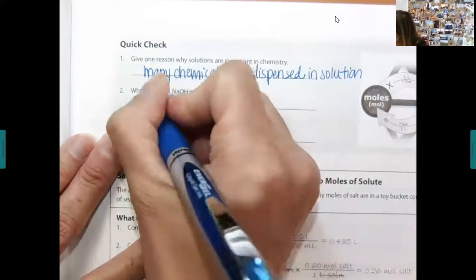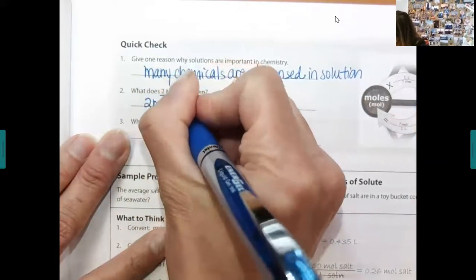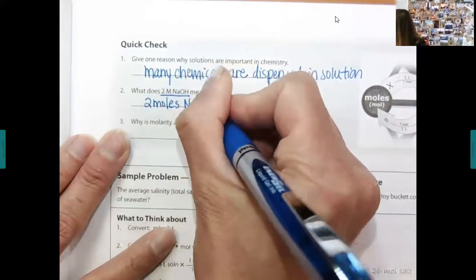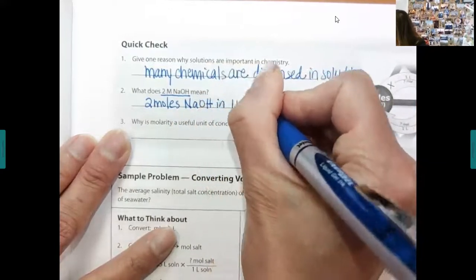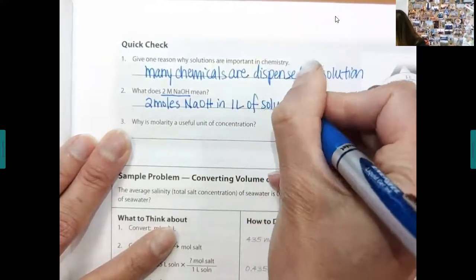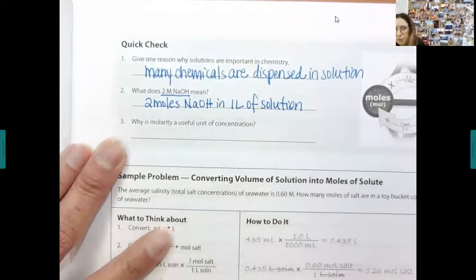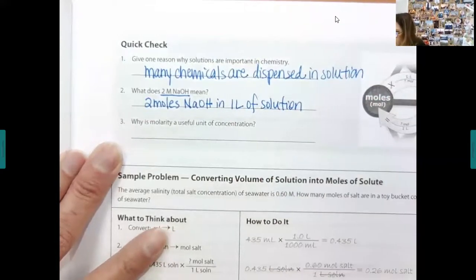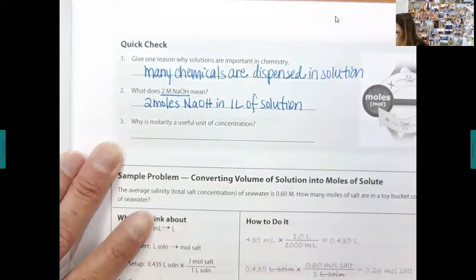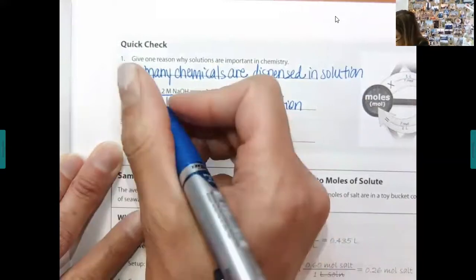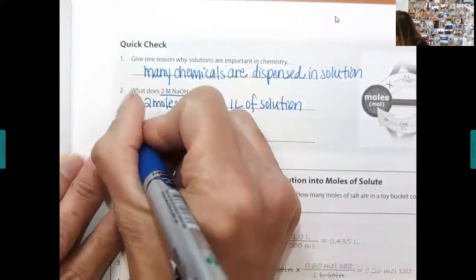This means there are 2 moles of NaOH in 1 liter of solution. Why is molarity a useful unit for concentration? Because it actually allows chemists to compare the number of particles in the same volume.